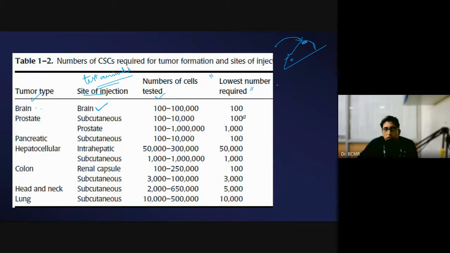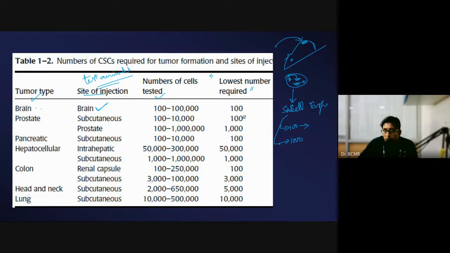So that means you take a tumor, assume, and it has several cells, and then you make a single cell suspension of it, and then you do an assay like this. You give 100 cells to a mouse and see whether a tumor is forming or not.